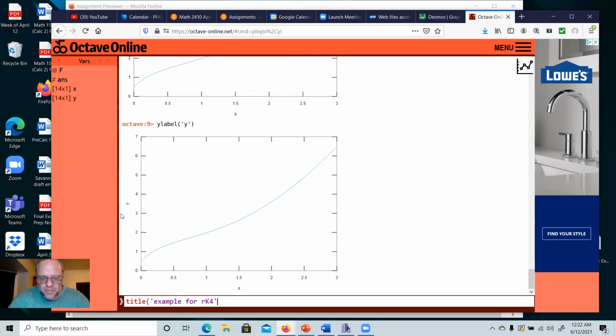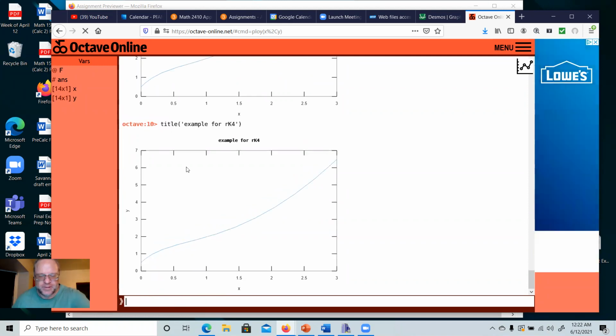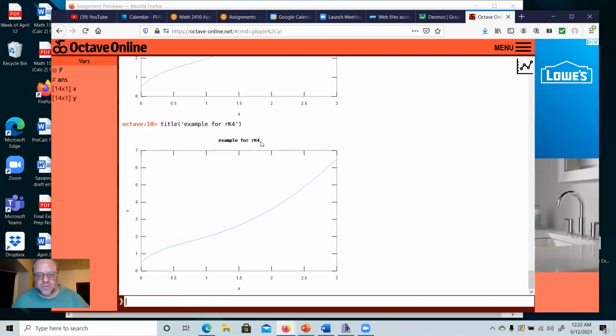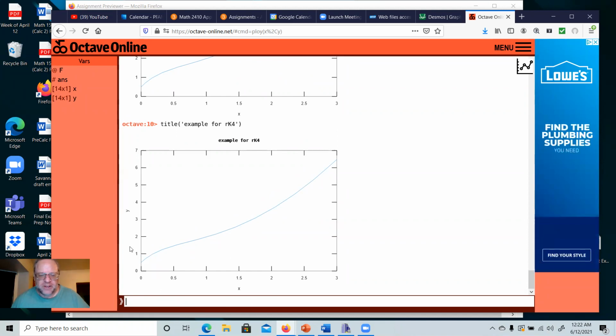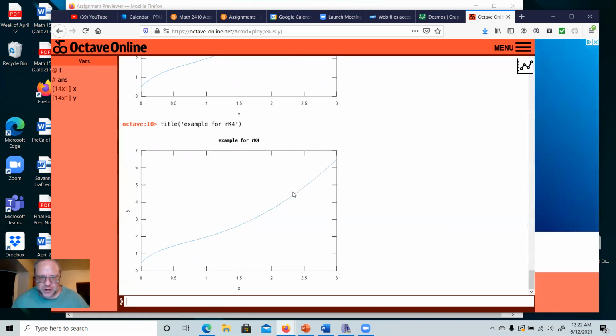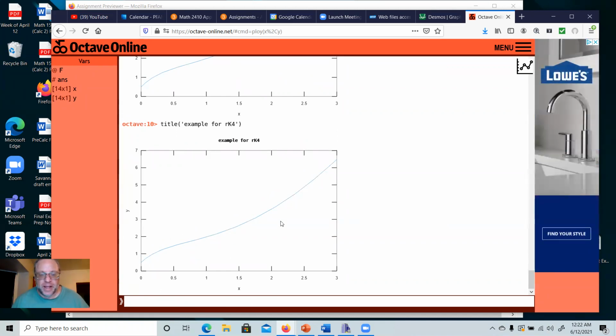And then we have our little example for Runge-Kutta 4. We have our x, we have our y, we have this beautiful picture here, and we are all set. We're not programming. I will definitely be adding a MATLAB file for you to go through and do this.